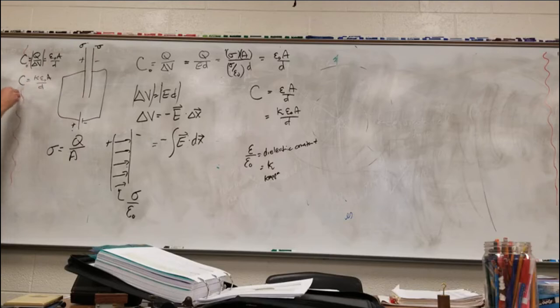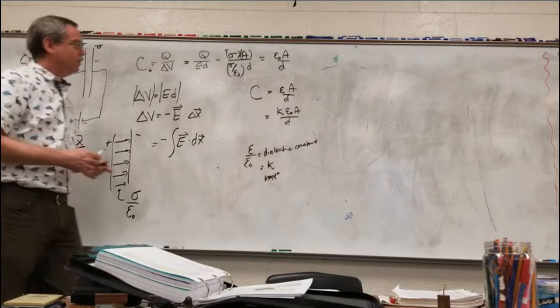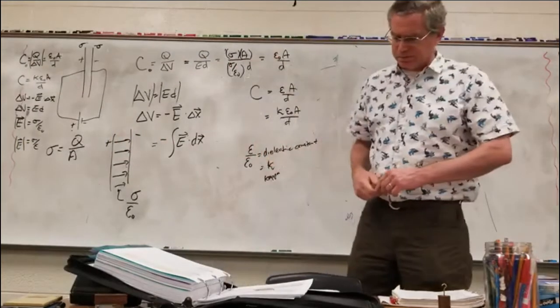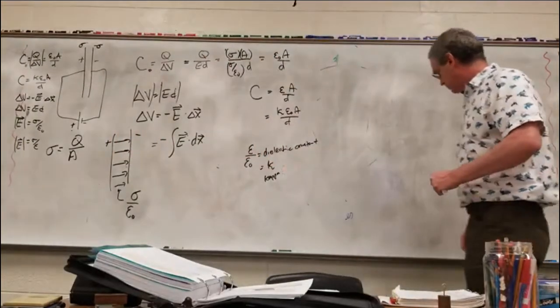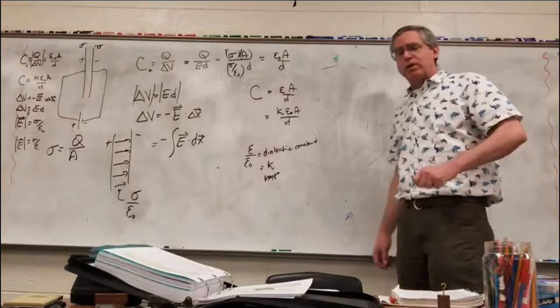And then we have delta V is equal to negative E dot delta x, or delta V is equal to E·d. And the magnitude of the electric field is sigma over epsilon. I've captured all of those. Questions before I actually pose a problem?